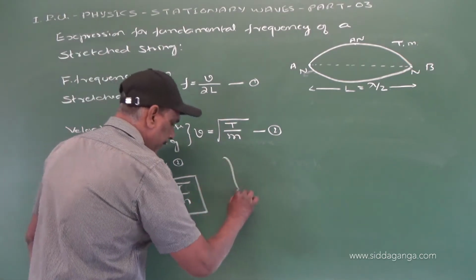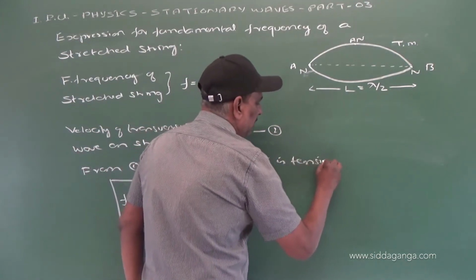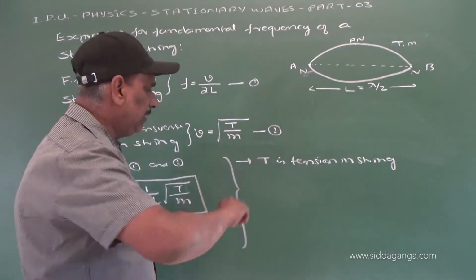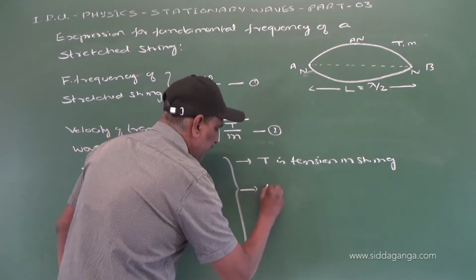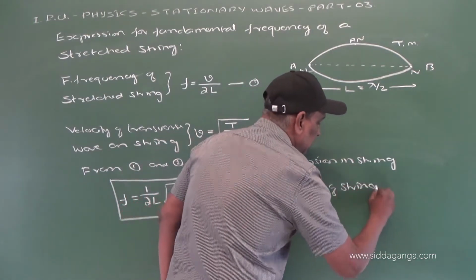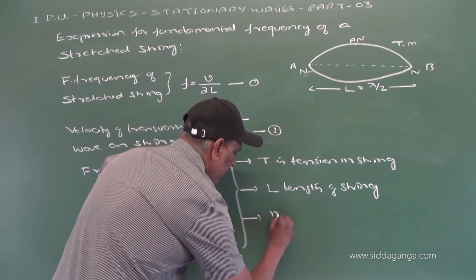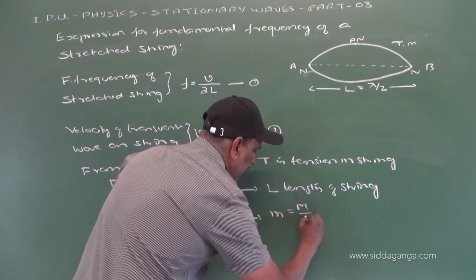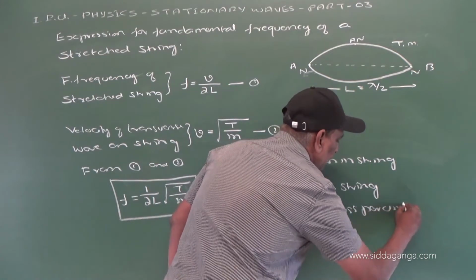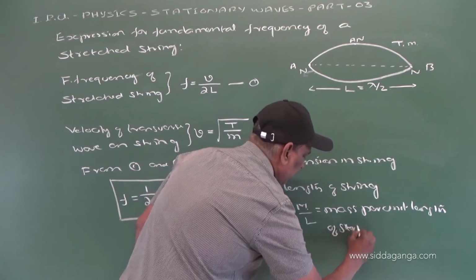So, here T is the tension in the string, measured in Newton. L is the length of the string, measured in meter. Now, M is equal to M by L. This is the mass per unit length of the string.